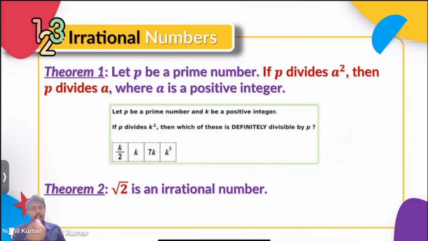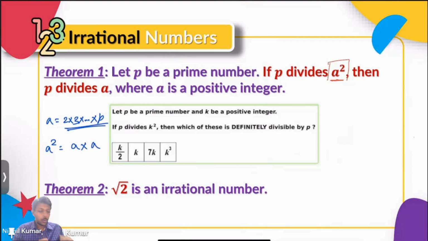So let's try to understand the first theorem in greater detail. A square. A is a number. It may be a composite number, it may be a prime number, but its prime factorization is possible. So let's say A can be written as 2 into 3 into other prime numbers into P. P is also a prime number. So A square will be A into A. That means this thing written two times.